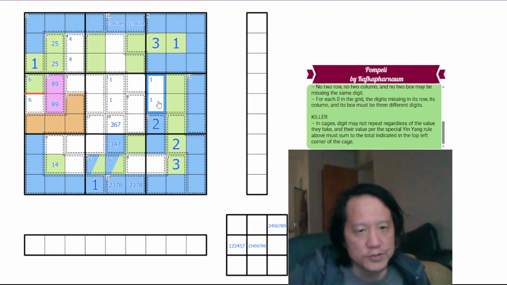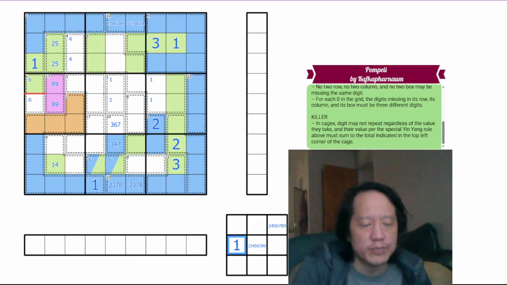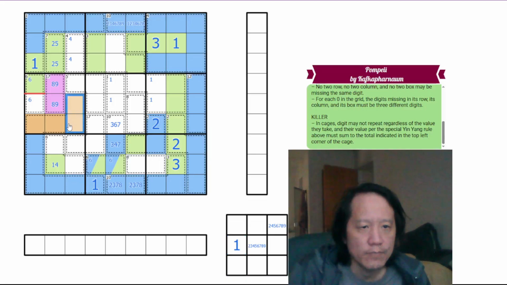This is 1, this is 1. That means 1 cannot appear in box 4 at all, because it can't be in rows 4 or 5. It can't be in this cage because we already have a 1 in the cage. So therefore, in box 4, the 1 would be not in 4. Therefore, 1 would have to appear in box 9, so it would be one of these two.